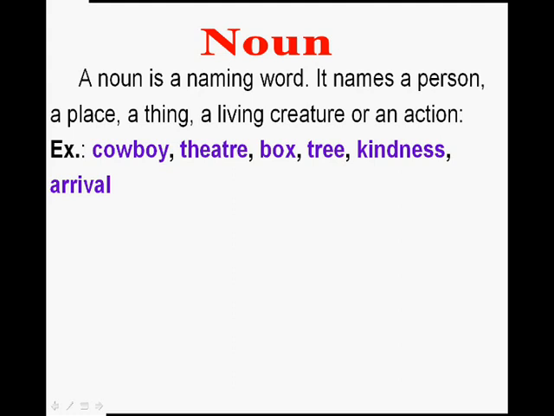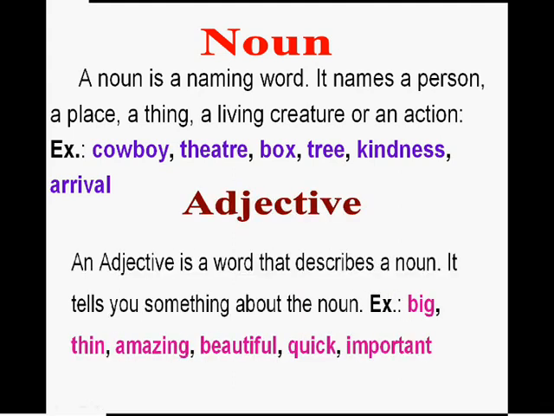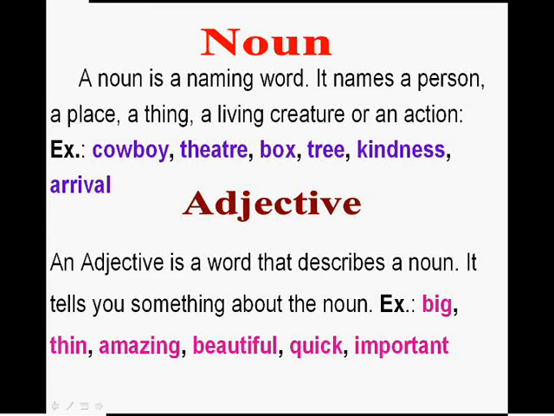Now we are looking at a noun and the adjective. An adjective is a word that describes a noun. It tells you something about the noun. Example, big, thin, amazing, beautiful, quick, important.